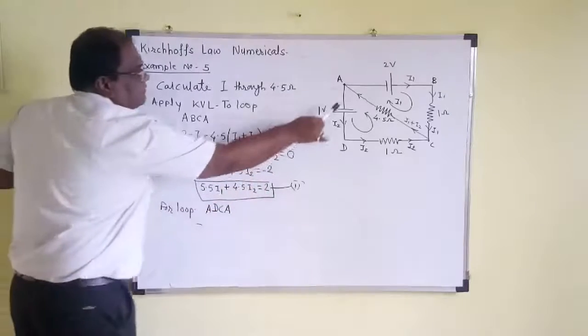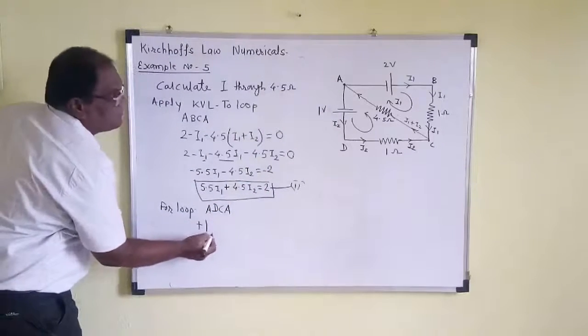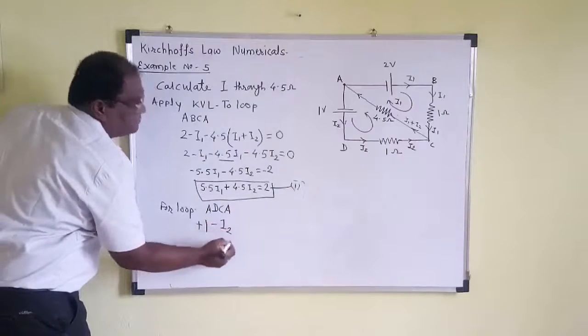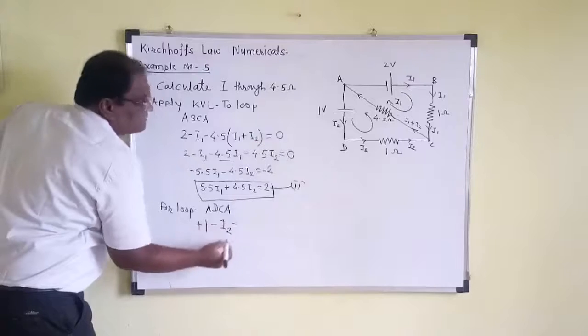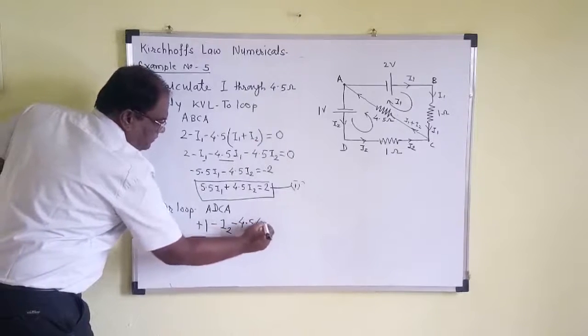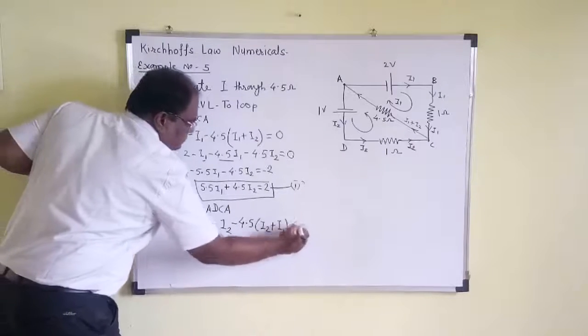Plus 1 minus 1 I2 minus 4.5 (I2 plus I1) is equal to 0.